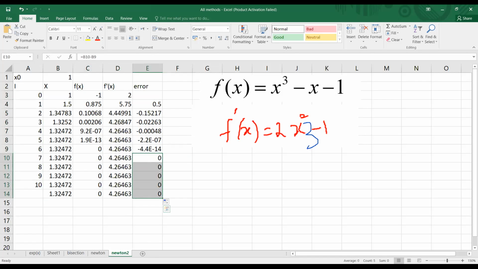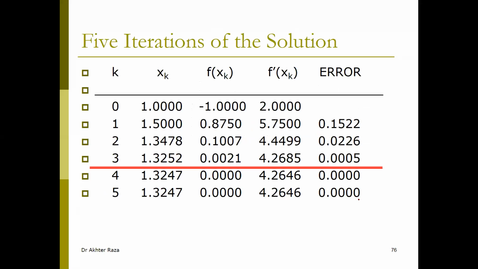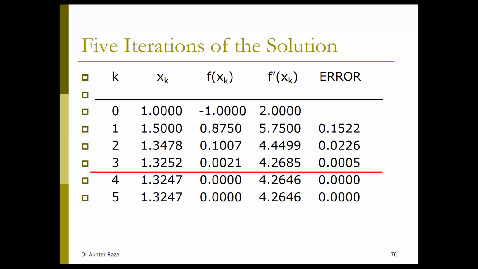Now I am comparing the value 1.3247 with the value 1.3247. The same value we are getting, and the same value is 1.325. 1.325 is the value which is the correct value. And this is the end of this example.